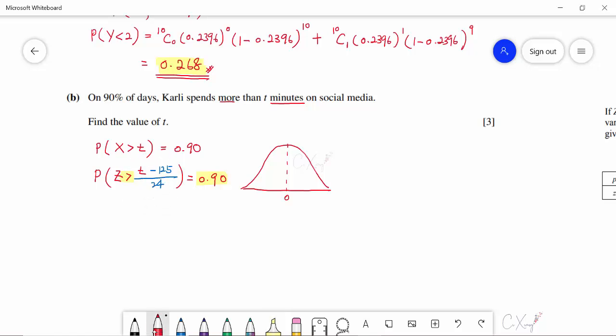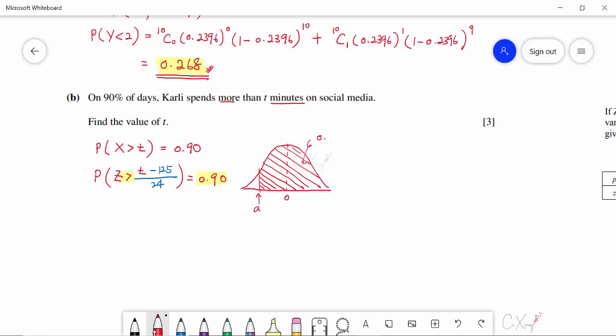So the value should be here, let's say I put it as a. Greater than a means you should shade the right hand side of a, and this whole area is equal to 0.90.